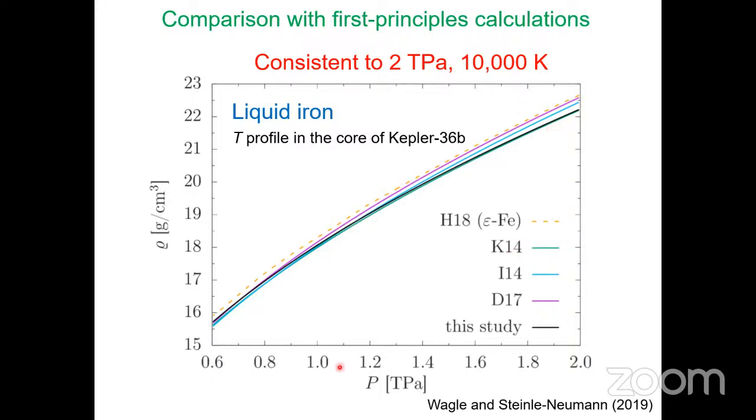Pay attention to the unit: this is not gigapascals, this is terapascals. So it agrees up to 2000 gigapascals and 10,000 Kelvin. I'm not showing other data, but another group at UCL did similar first principles calculations and confirmed that my equation of state is valid up to at least within the outer core pressure and temperature range.